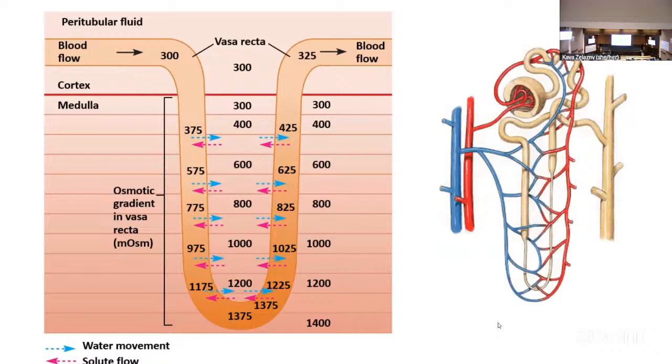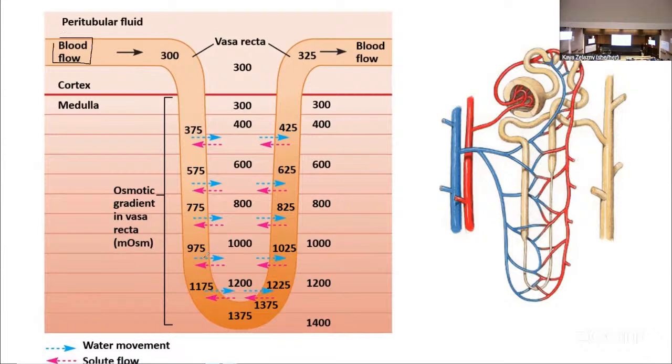So be careful if you look at this figure, because what we are looking at here is blood flow. This looks like a nephron, but it's not. Here you can see that movement of water and solutes through both of the sides of the vasorecta, both of these limbs, the artery side and the venule side.